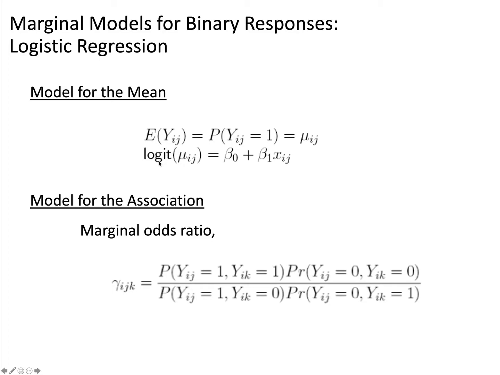By taking the logit of it, we can turn that into a linear function with a mean and a set of covariates. And this is all you do when you do a logistic regression. You're using the logit as the link function, which enables you to create this linear equation.